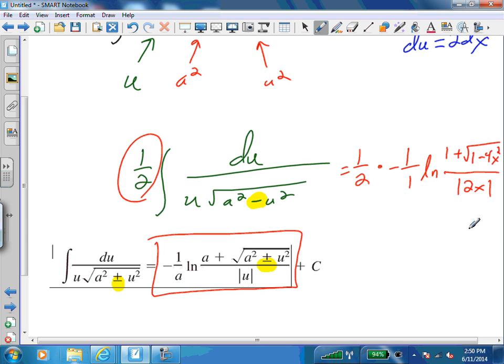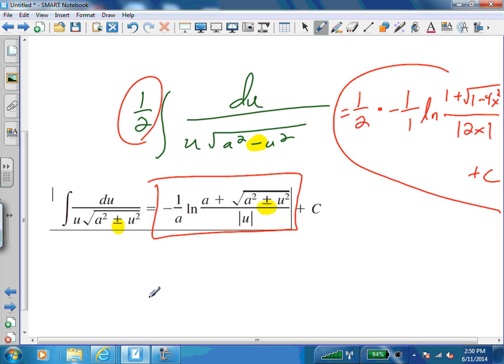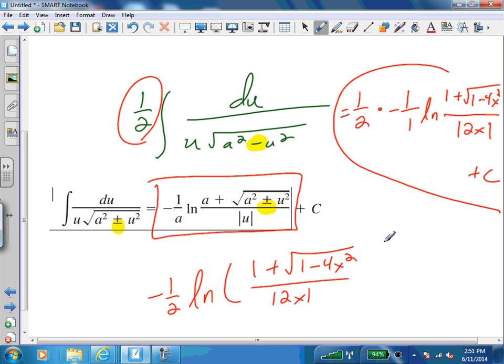And then all of that gets plus c. So basically, positive times negative, we have negative 1/2 natural log of 1 plus the square root of 1 minus 4x squared over the absolute value of 2x plus c.